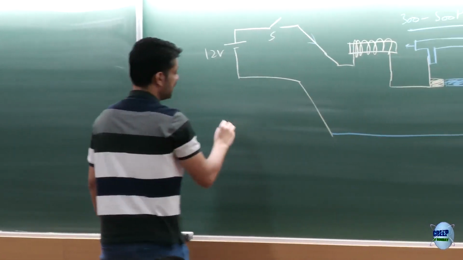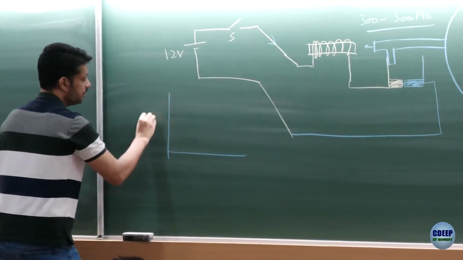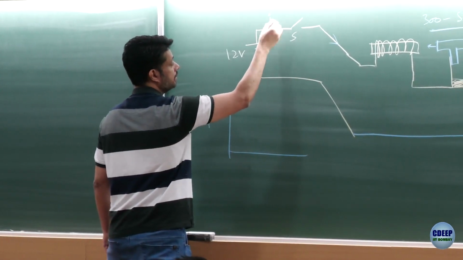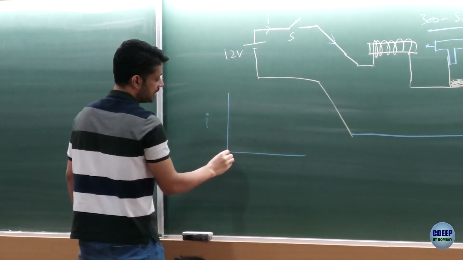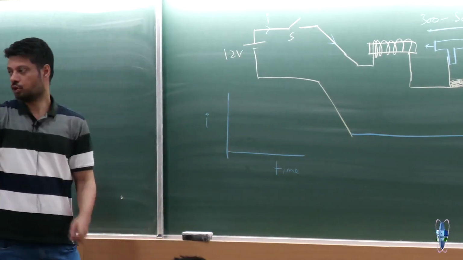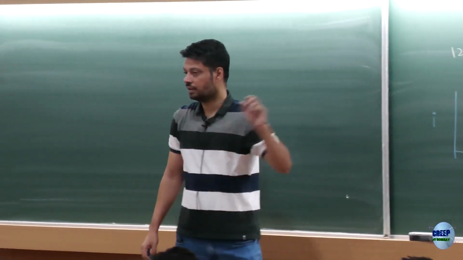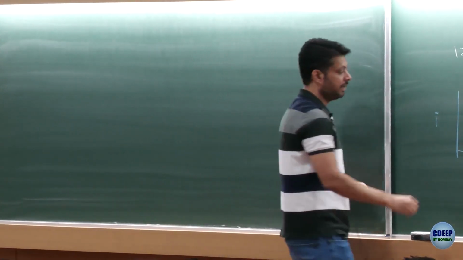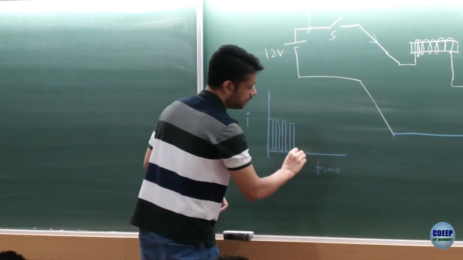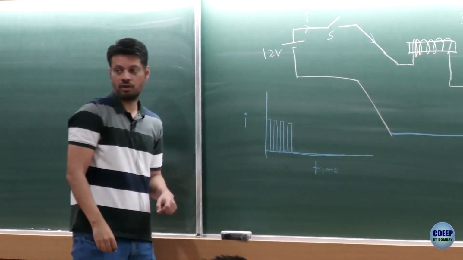All of this type of current, so you can imagine how this current would look. If you see the current drawn by the switch in this case, how would it look with respect to time? It would not be a constant DC, right? So you have a DC source, but the current will be pulsating DC, and maybe turn off completely when the switch is off.